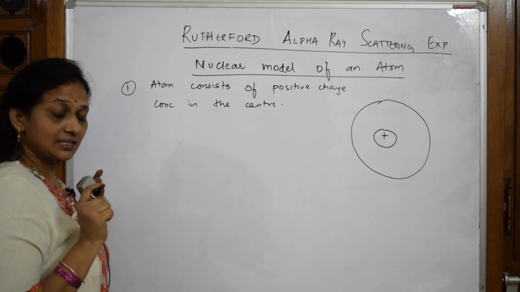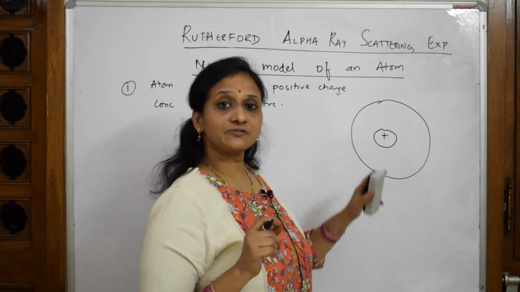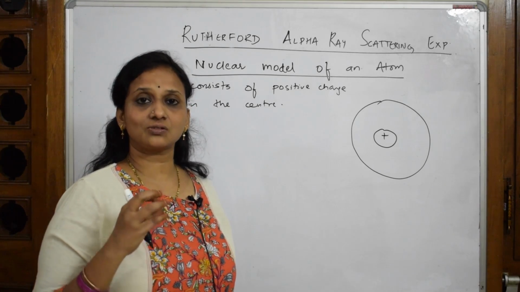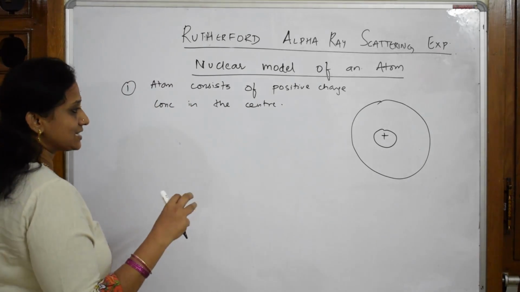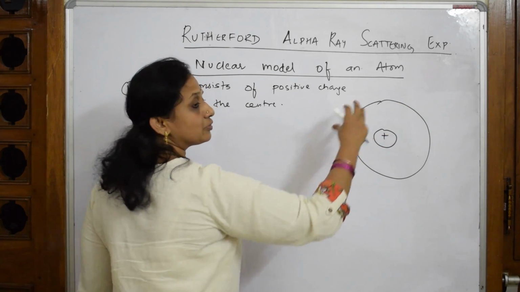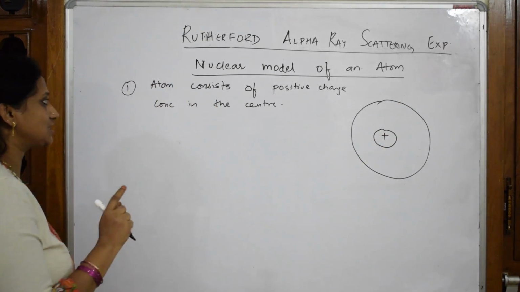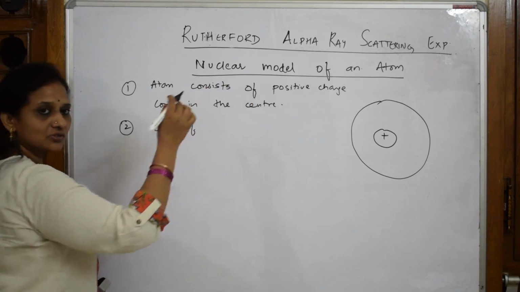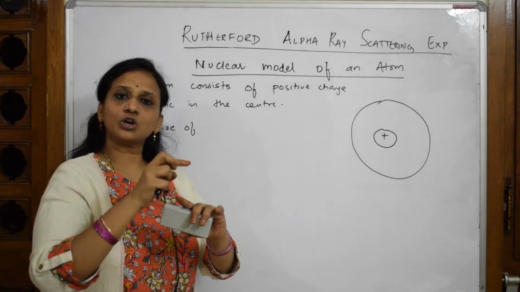But next, what did he say? This positive charge, or the area where the proton is present, is called the nucleus, right? He said the size of this nucleus compared to the size of the atom is smaller. Just now we said it is concentrated in the center, which means the area occupied is very small.